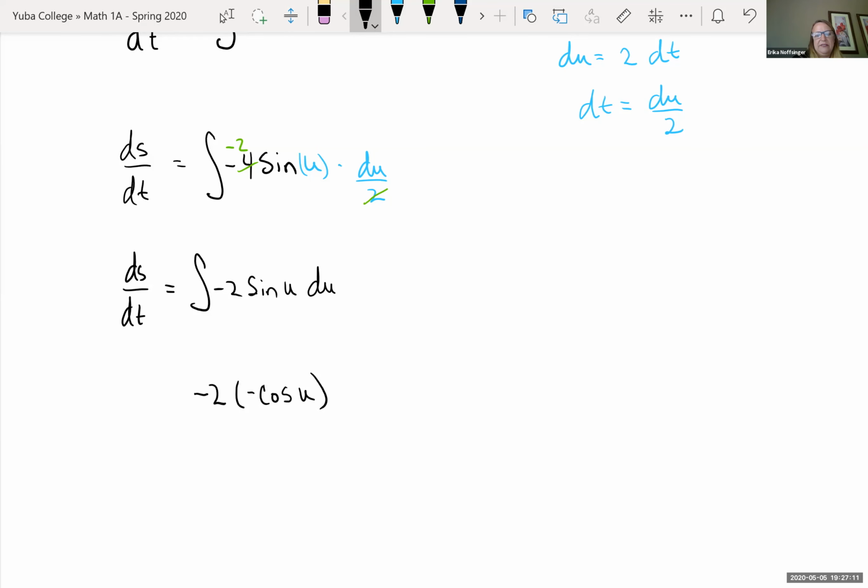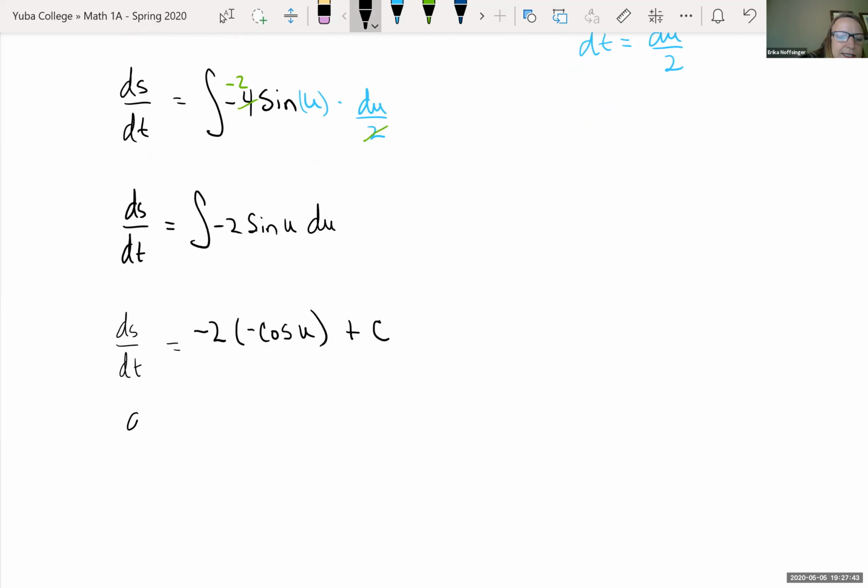Right, because if I take the derivative of negative cosine u, the derivative of cosine u is negative sine times the negative out front. I should have to think about it, sorry. I also have to put that plus c. So we have ds dt equals this negative 2 cosine u plus c.